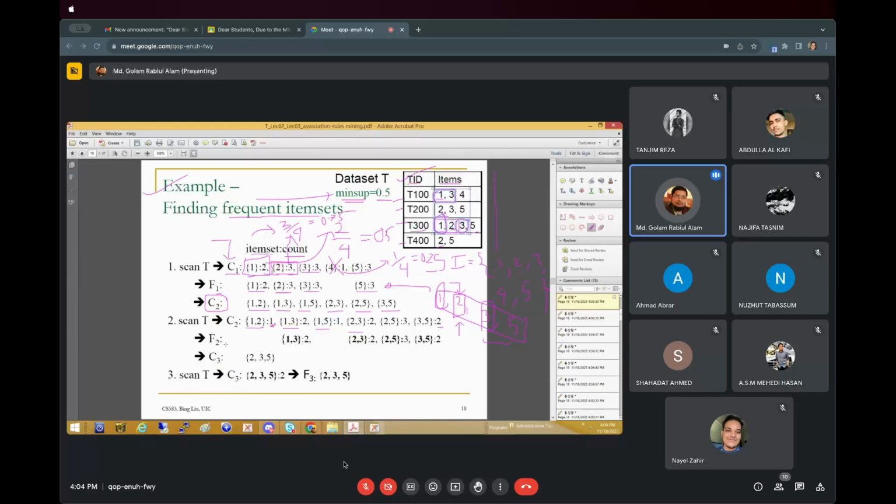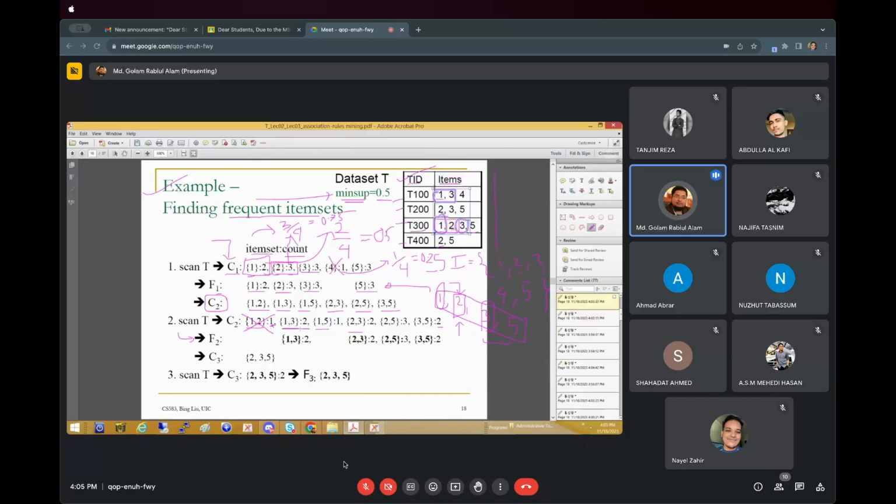So we have to filter to form the frequent item set of 2 items. In this case, we can see this one has a support of 1 time, so we have to drop it, because the minimum required support is 0.5 but it is below that.